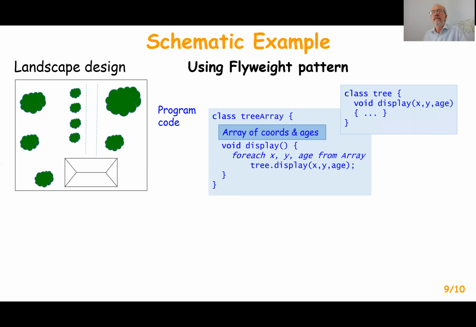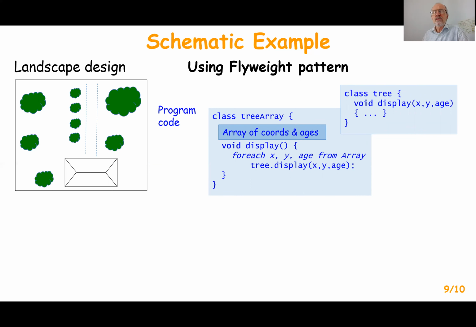Look. For each tree, I have defined a single class called Tree with a single function display. It accepts X, Y coordinates and age and just displays the tree with the corresponding arguments. And the TreeArray function just calls this function with the given arguments.